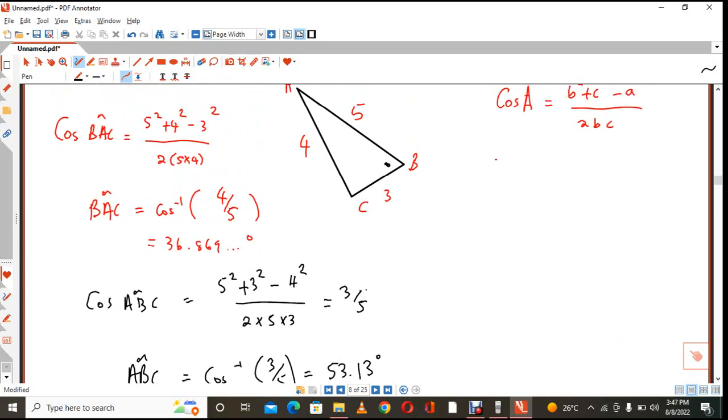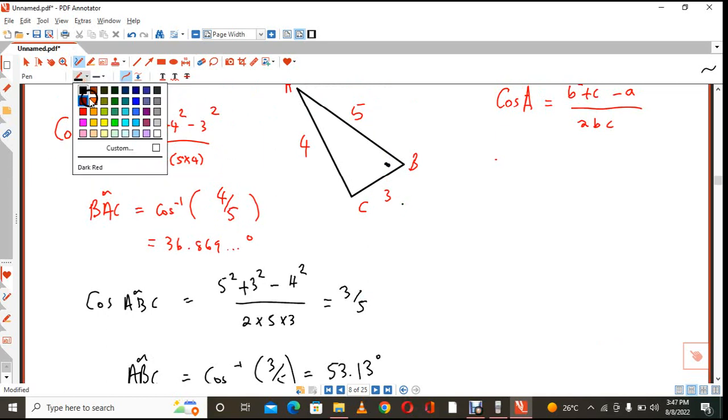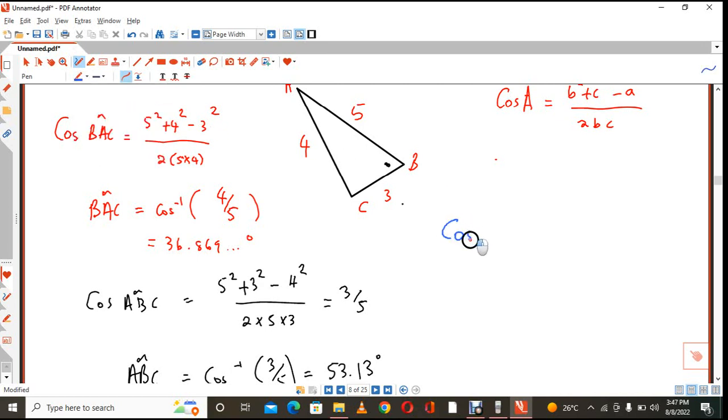You can find the missing one by subtracting from 180, or let's find the cosine of ACB using our cosine rule. Cos of ACB, this particular angle, will be equal to 4 squared plus 3 squared minus 5 squared over 2 times 4 times 5.